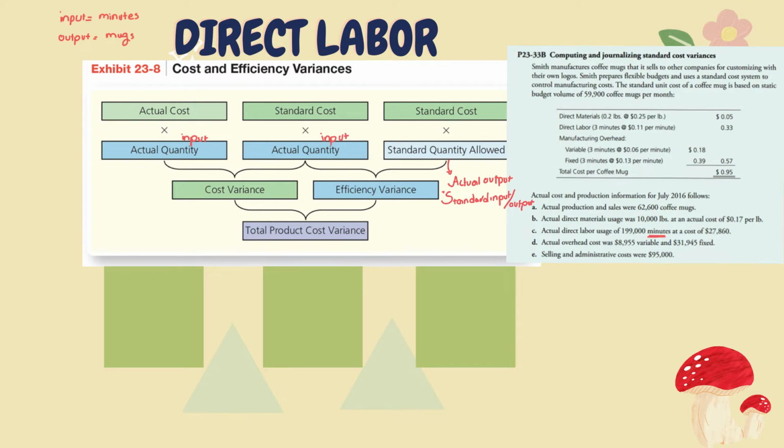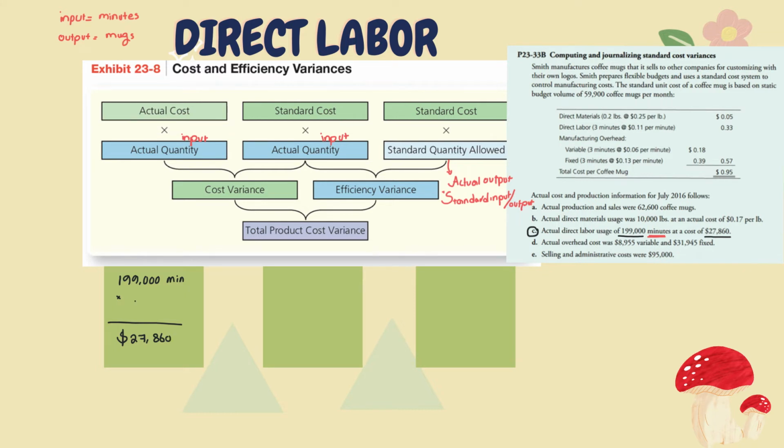Now, actual cost multiplied by actual input for the direct labor. So I need to look at C. The actual input is 199,000 minutes. I need to multiply it with actual cost per minute. But here he gave you the total amount, 27,860.